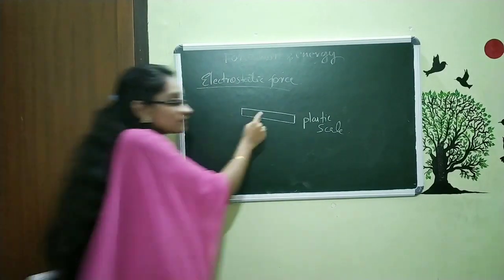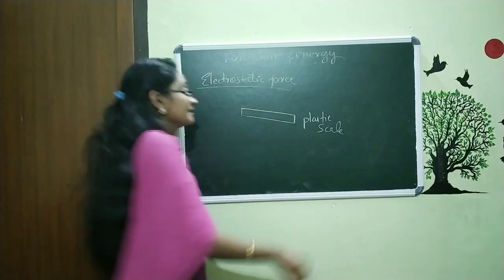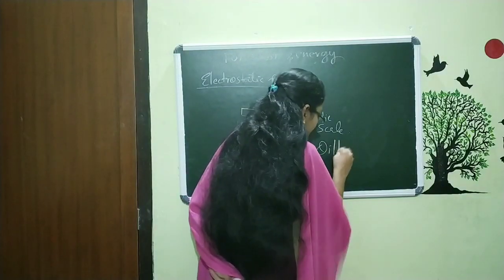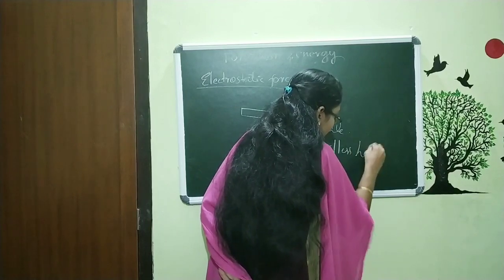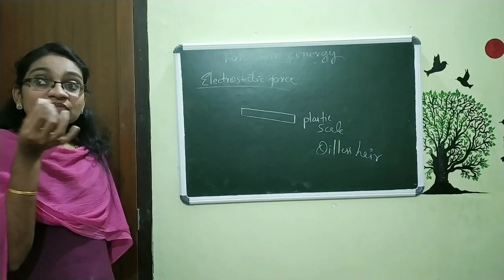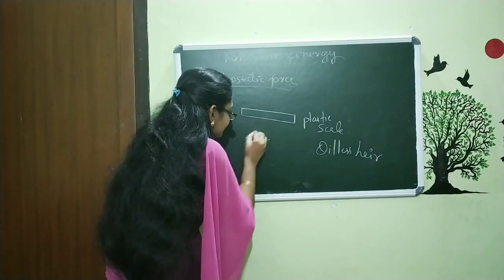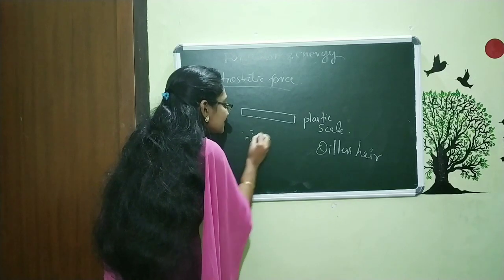Then rub this plastic scale on your oil-less hair. And then take some very tiny pieces of paper.